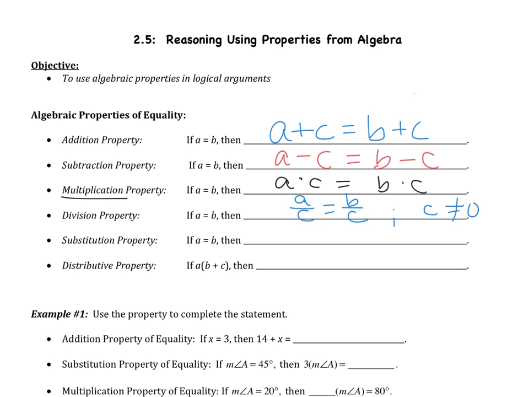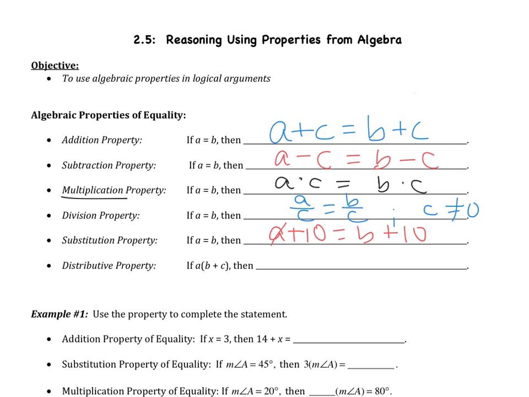So that means if I had, say, A plus 10, well, now I can replace the A with a B and say that's equal to B plus 10. So it looks a lot like the addition property of equality, but we're actually changing the A and the B. And we'll talk about when we're doing that later on.